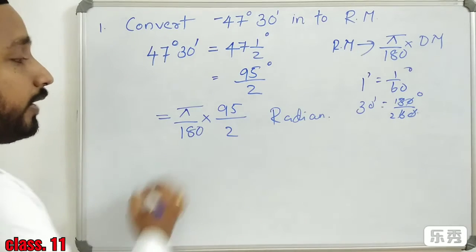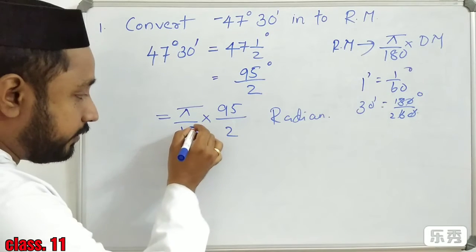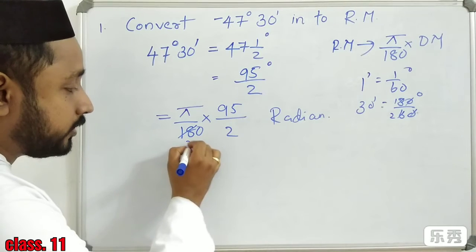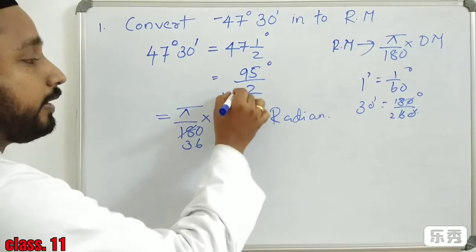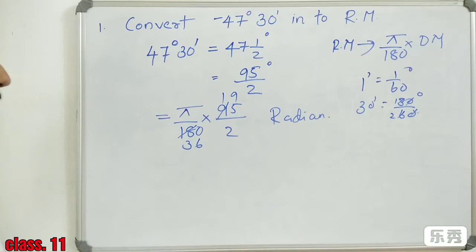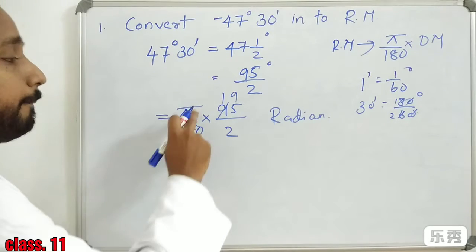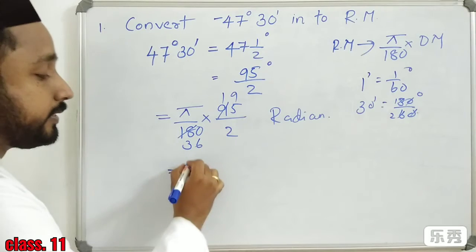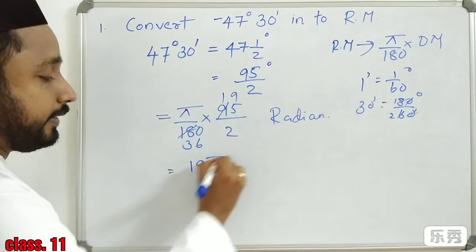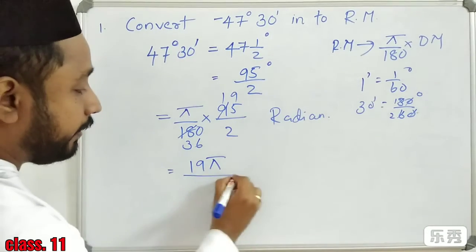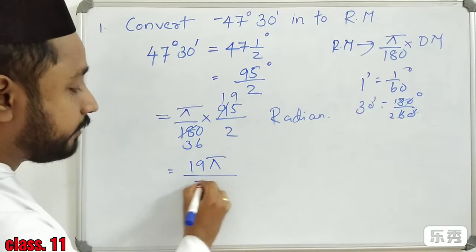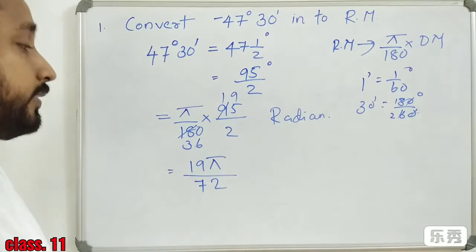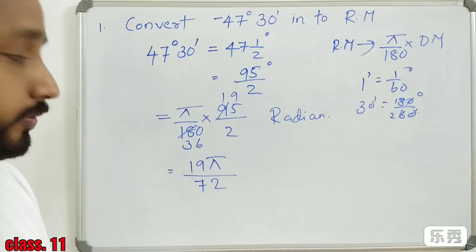We can cut 180 and 95 with 5. Five 19s are 95 and 5 36s are 180. So we get 19 pi divided by 36 into 2. 36 into 2 is 72.